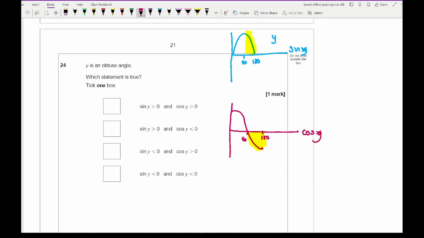So here y is greater than 0. And for the cos graph, y is less than 0. So the option we then want is going to be that sine theta is greater than 0, cos theta is less than 0, so it's going to be our second option.